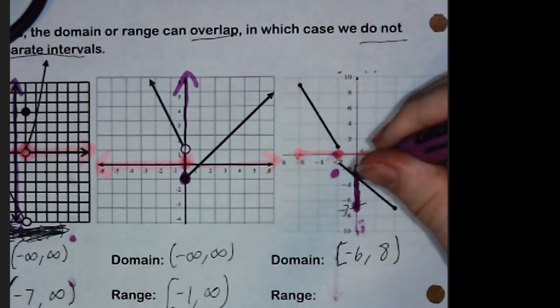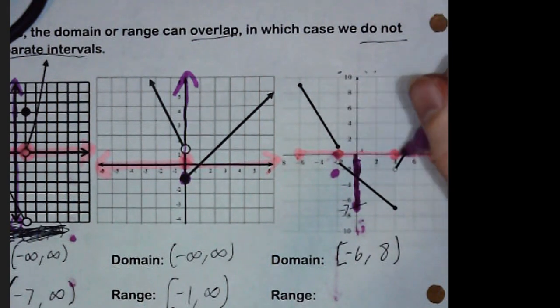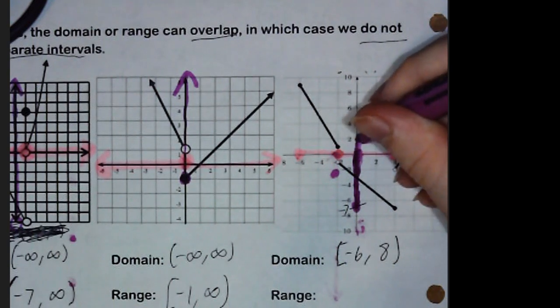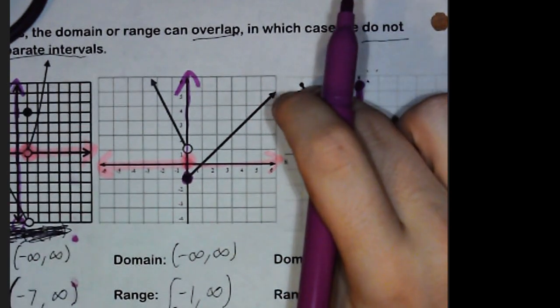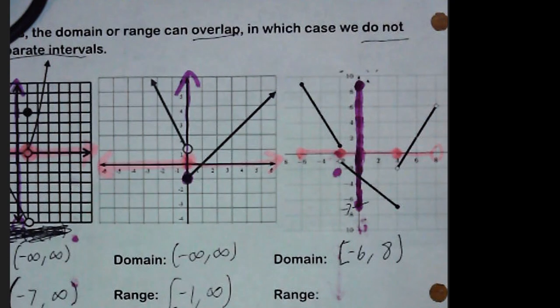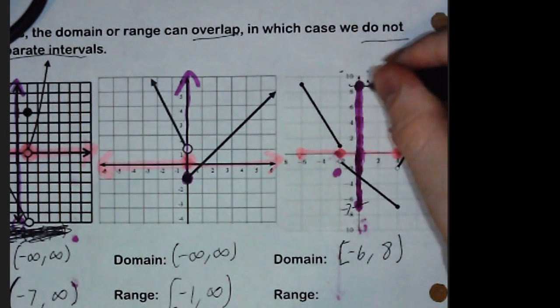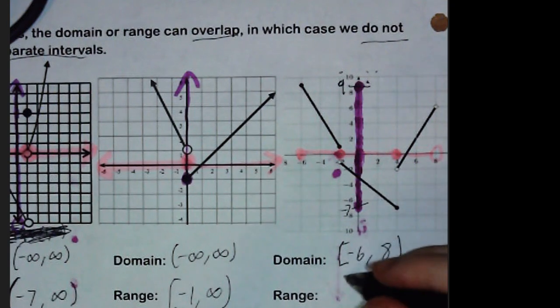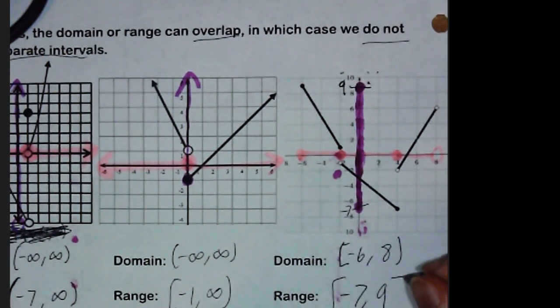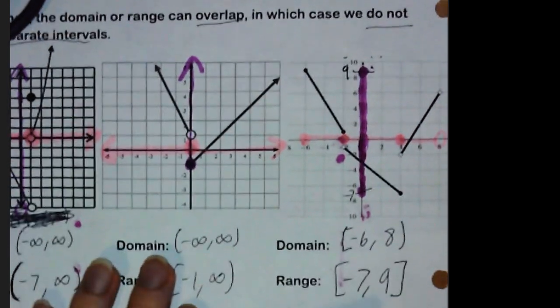Then the middle piece overlaps, and then the upper piece overlaps, and so we go all the way up halfway between 8 and 10, because that's where that point is. That's the highest point of the function, the maximum if you will. It's at 9. So it goes from -7 to +9.